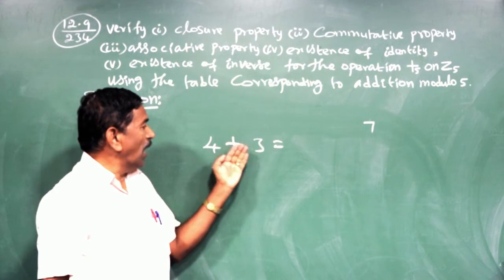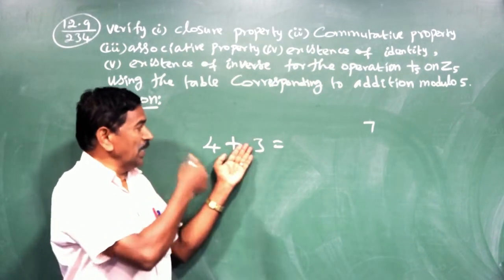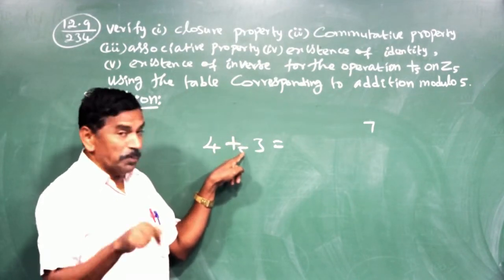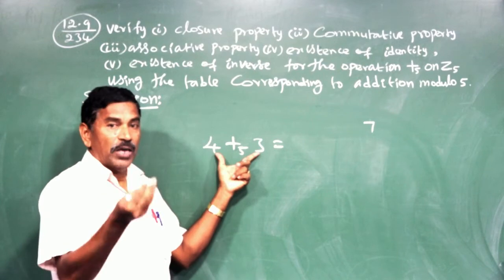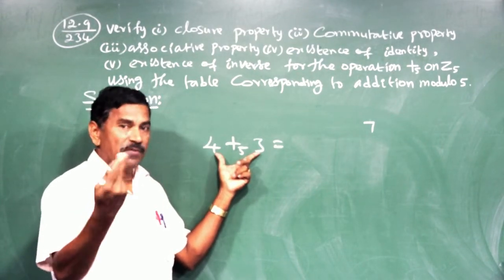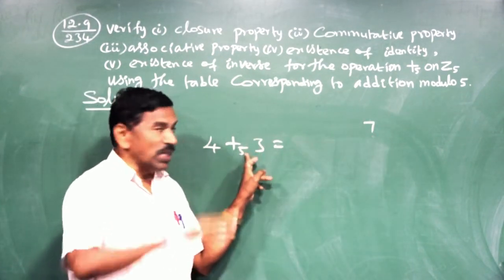Here, as usual addition, 4 plus 3 equals 7. But it is the operation addition modulo 5. Addition modulo 5 means if your answer is 5 or more than 5, subtract 5 and multiples of 5. For example, 4 plus 3 is 7, and 7 is more than 5.